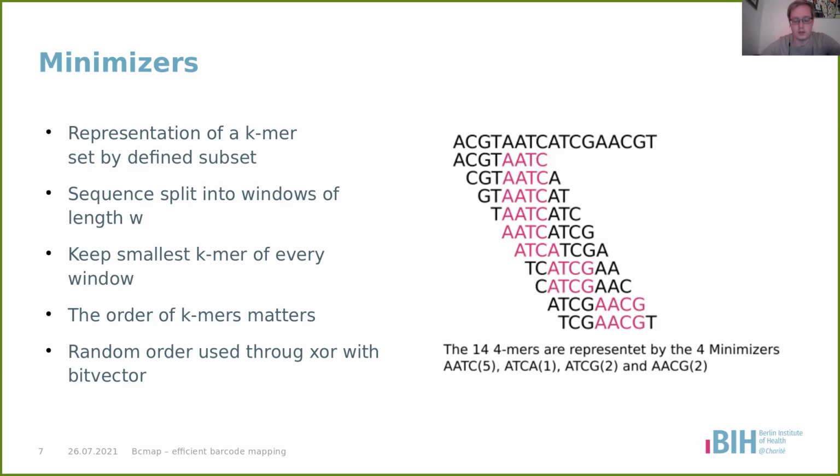So to keep the lookup times down, we went for a random order. We achieved that by performing an XOR between the bit vector that represents the k-mer and a random bit vector, and then we took the smallest one. So we essentially got a random order, and by that reduced the amount of collisions.